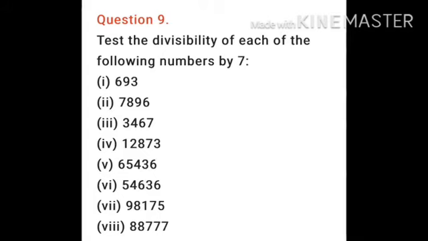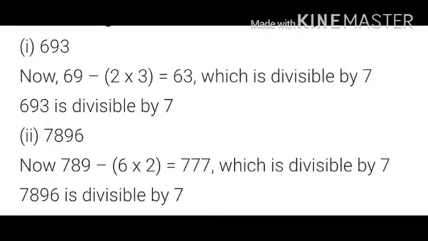Now I will take one more question, part 2, 7896. The unit digit of 7896 is 6. Now 2 times 6 is equal to 12. And the rest of the digits are 789. Now subtract: 789 minus 12 is equal to 777.